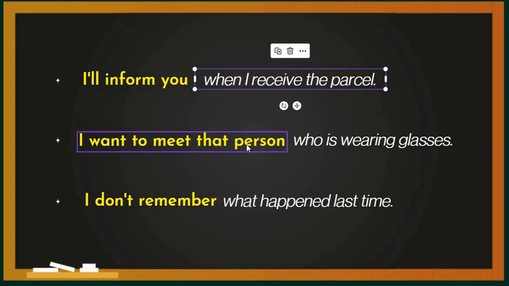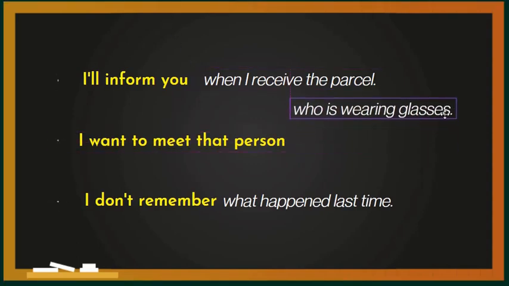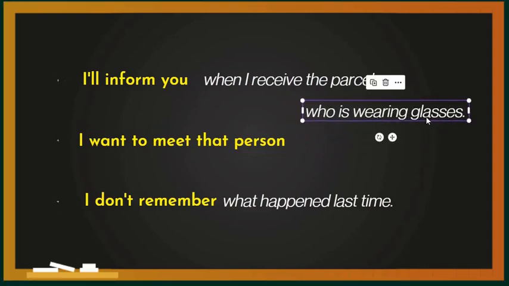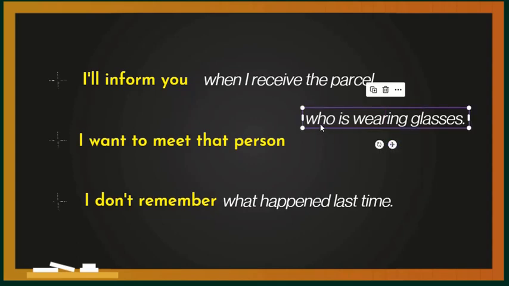In the second example, I want to meet that person. I can end my sentence right over here. I want to meet that person, the sentence is finished. But what if I want to make this part of my sentence a complete sentence? Who is wearing glasses? This clause is not giving you the information unless you are asking a question, who is wearing glasses.